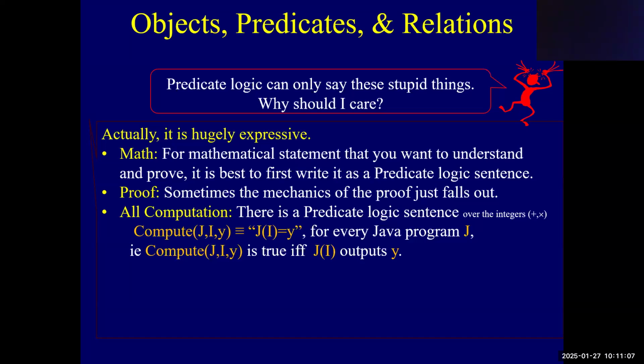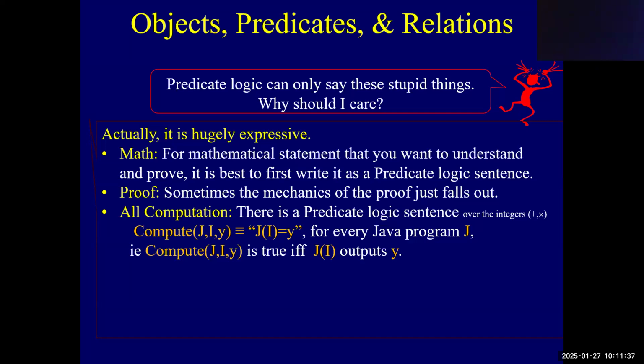Right? And so let J be a Java program, and I be an input to that Java program, and Y be a possible output. And then I want to say using Forall and exist, Java program J on input I outputs Y, right?